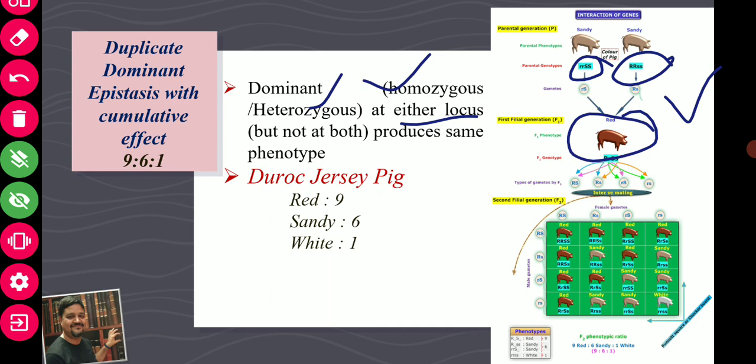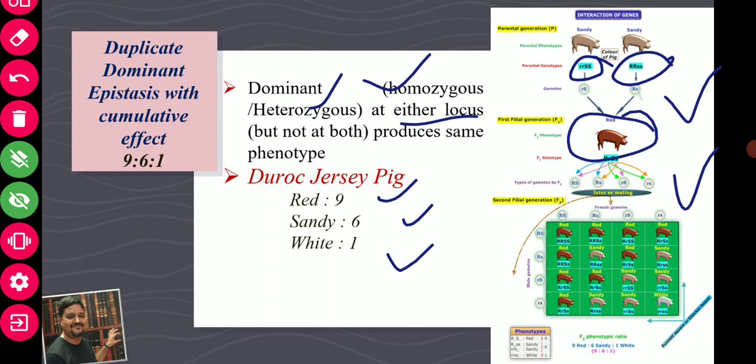Now when they are interseminated, they will produce animals in the ratio of 9:6:1, which indicates that dominant at both the loci will have a different phenotype, that will have the brown phenotype, otherwise all the other animals will have sandy phenotype, and when there is no dominance at both the loci, then it will have white phenotype.